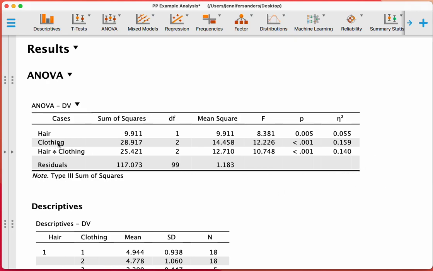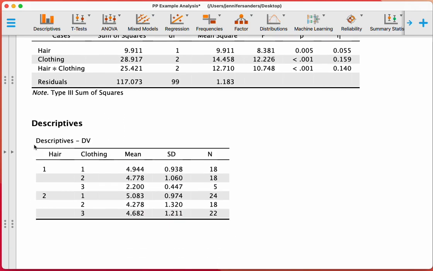So for example, with clothing, I know that there is a difference between professional, casual, and revealing. I just don't know where those differences are. So I'll need to probe further by running a post hoc analysis and looking at the marginal means. And so we'll do that in just a moment in the next video. But this, for now, tells us that there is a difference and that I need to probe further.